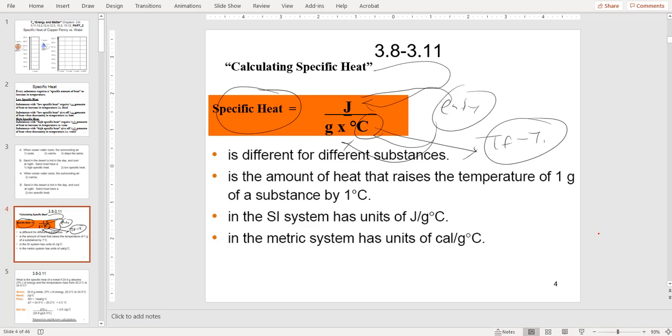So first off, memorize the specific heat equation. It'll be energy on top divided by grams times Celsius. Next, memorize the alternate form.